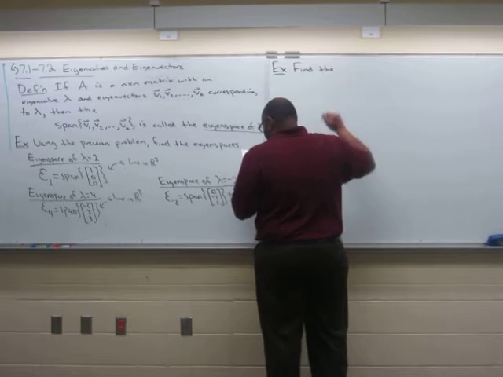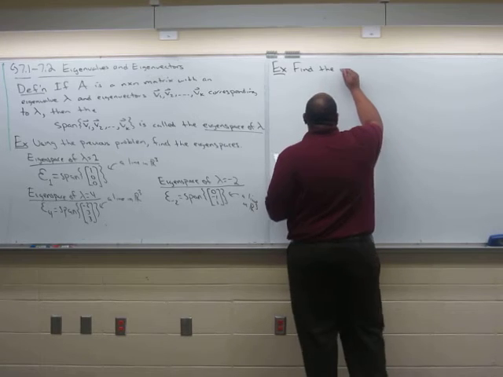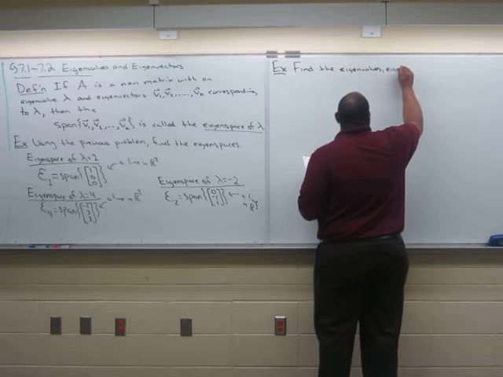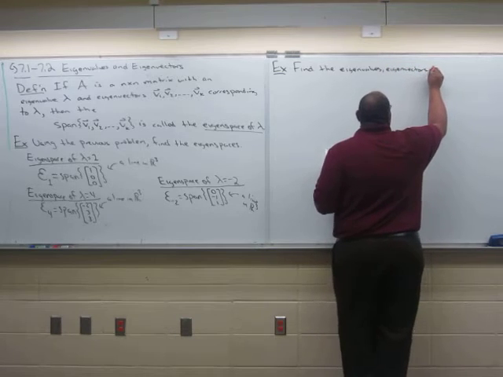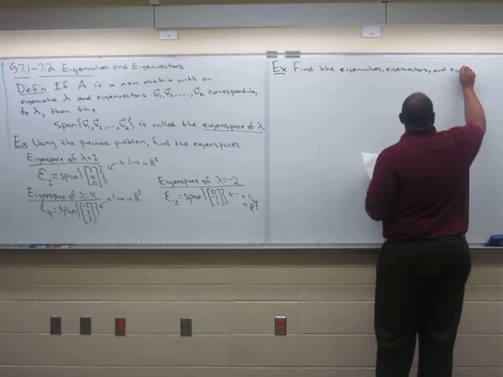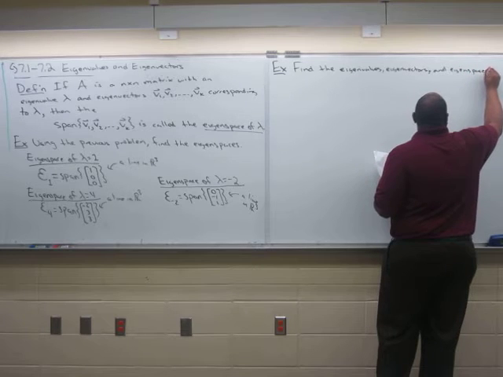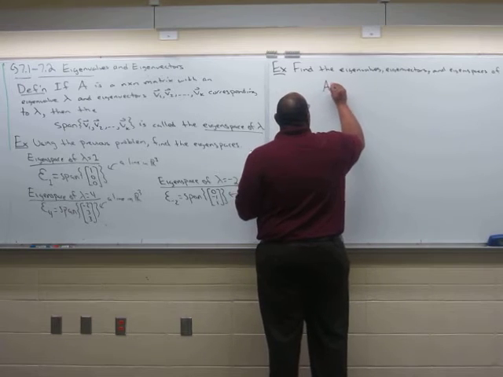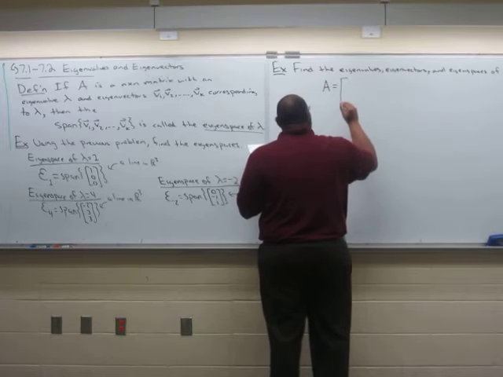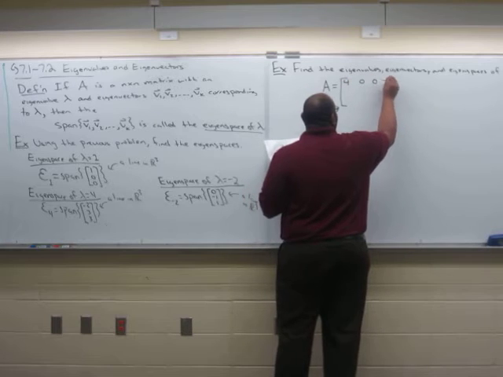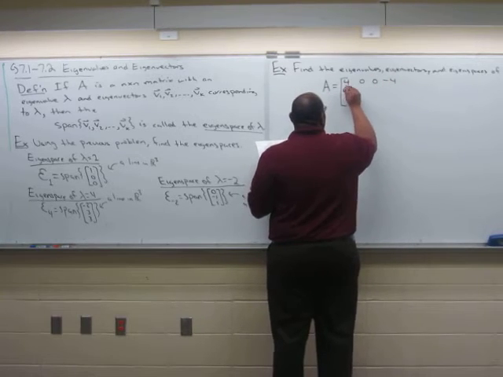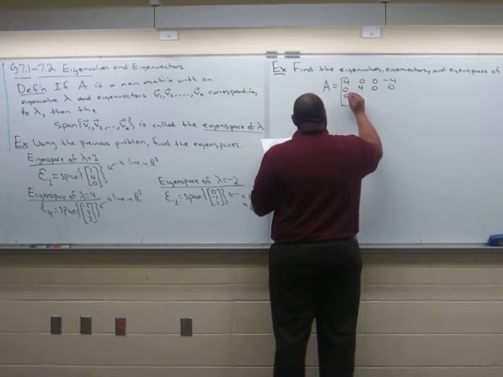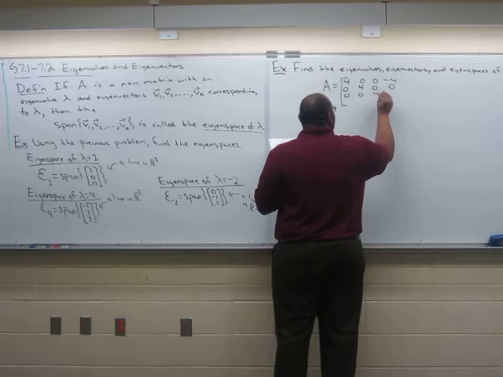Find the eigenvalues, eigenvectors, and eigenspaces of my matrix A, which is given to be, in this case, 4, 0, 0, negative 4, 0, 4, 0, 0, 0, 0, 4, 0.